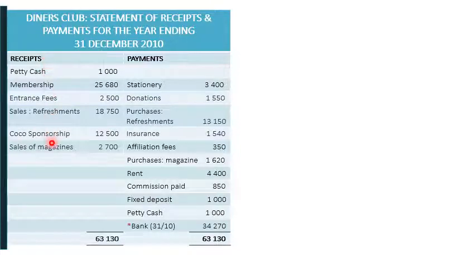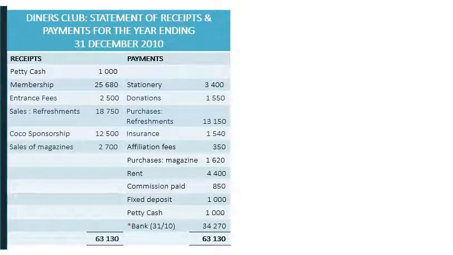It excludes any income that remain owing at the end of the financial period. On the payment side, we have listed all the expenses that were paid during the year, excluding payments that were outstanding at the end of the financial period.